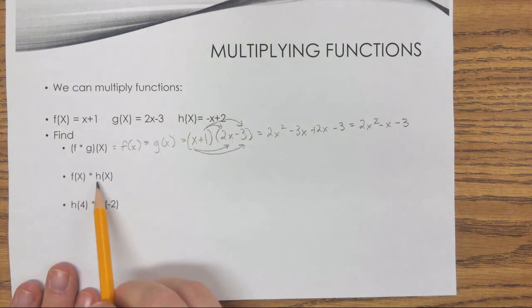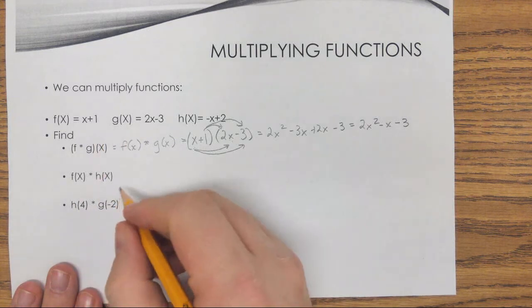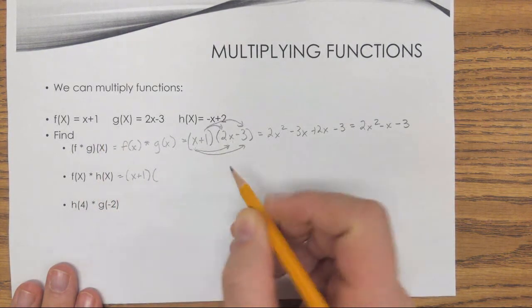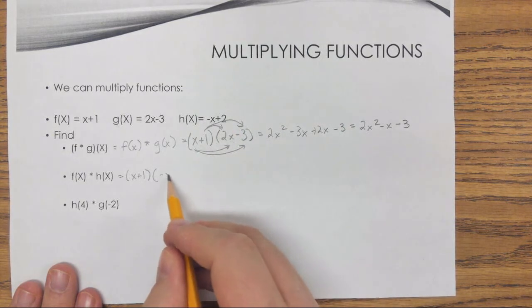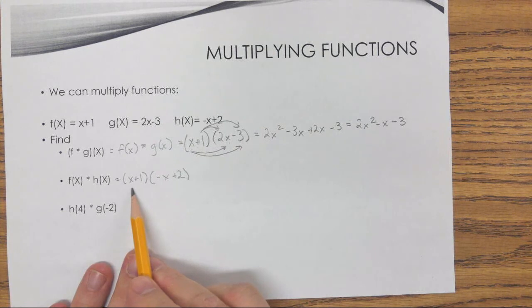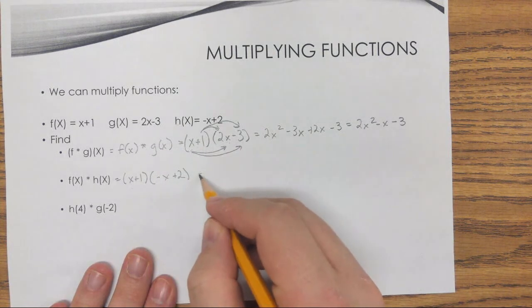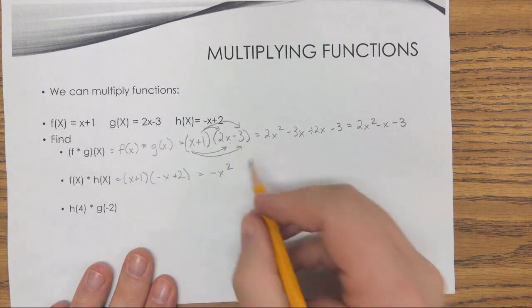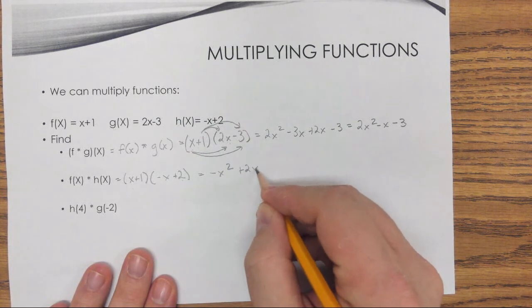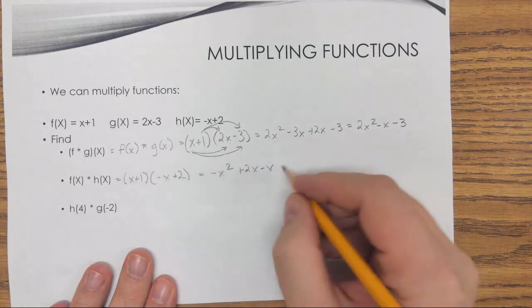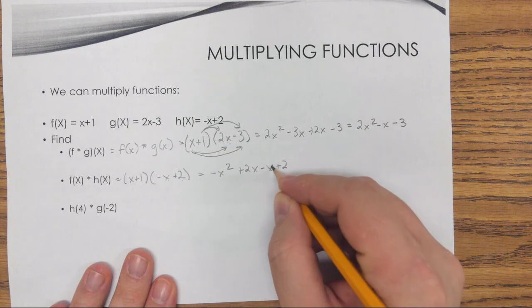Now let's do f of x times h of x. Okay? Well, I'll do x plus 1 times h of x, which is negative x plus 2. x times negative x is negative x squared. x times 2 is 2x. 1 times negative x is negative x. 1 times 2 is plus 2.